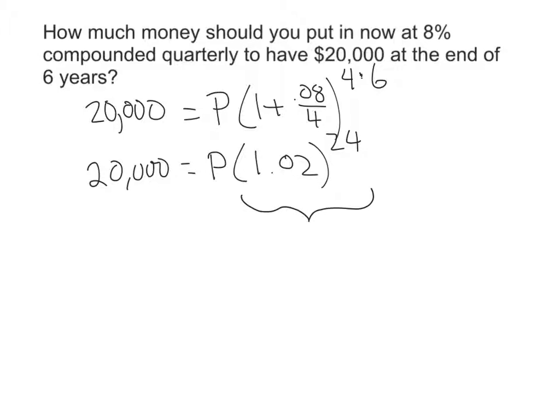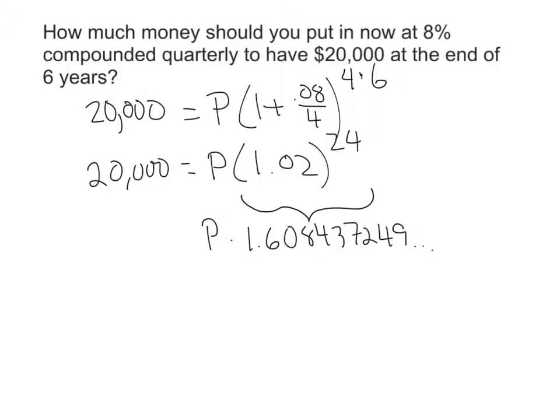If we calculate this lump of 1.02 raised to the 24th power, we could write down the number 1.608437249, and there's going to be some more stuff there. That is our multiplier, the equivalent multiplier for doing 6 years at 8% compounded quarterly.